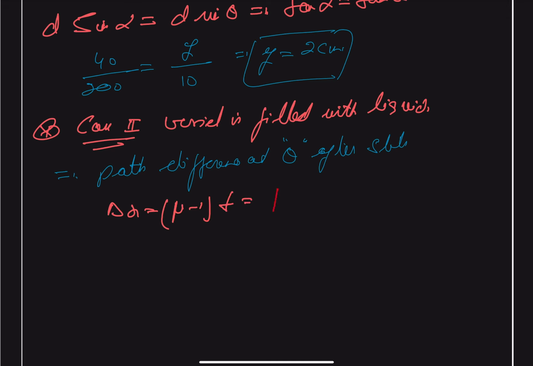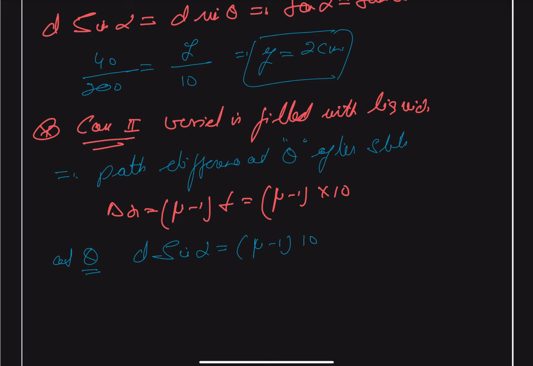T is given as 10, so this becomes mu minus 1 multiplied by 10. And at Q, we can write that d sine of alpha will be equal to mu minus 1 multiplied by 10.